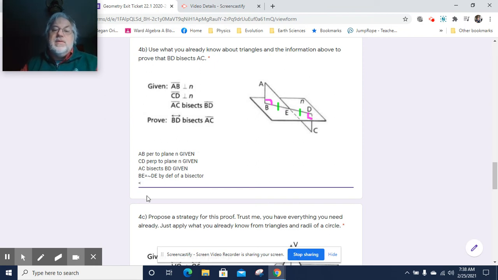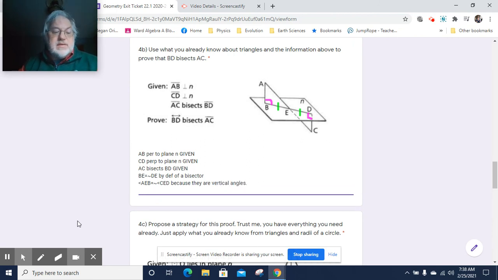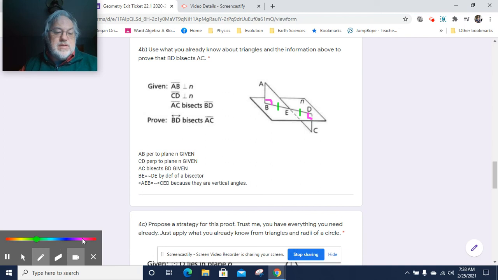So angle AEB is congruent to angle CED because they are vertical angles. Okay, so let's label that information. Go with yellow for that. Now I have enough information to say the triangles are congruent.